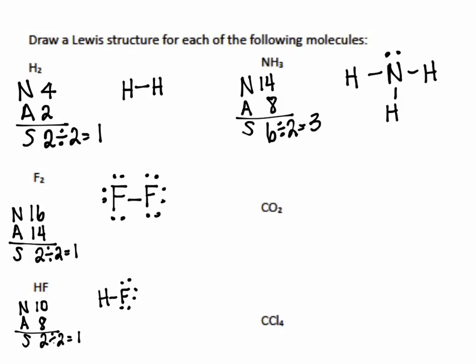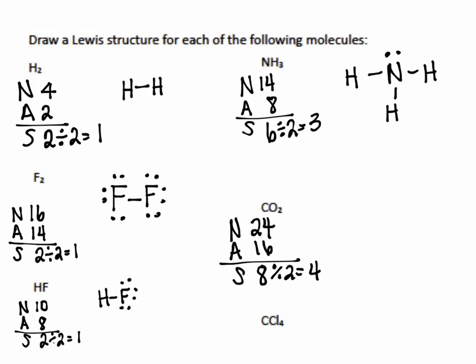So carbon dioxide. How many is needed? 8 times 3 is 24. How many is available? 16. So we have 8 being shared. Divide that by 2. So we have 4 bonds.